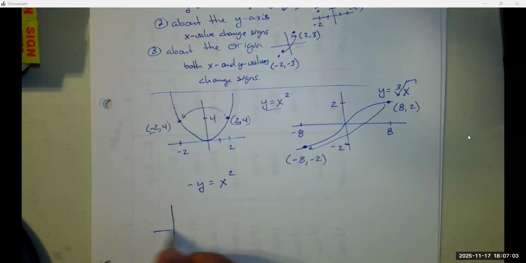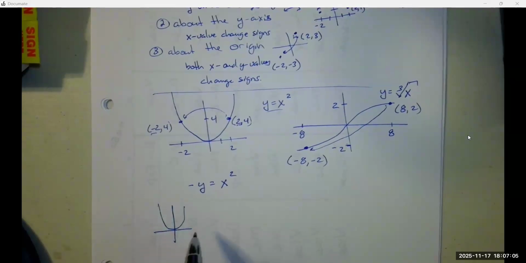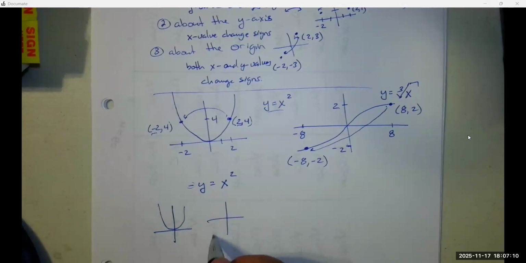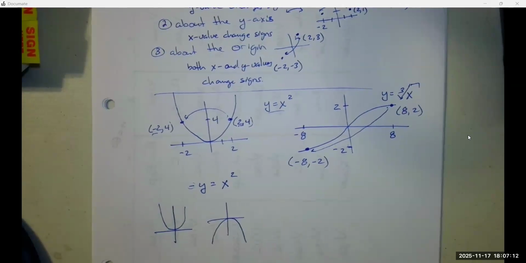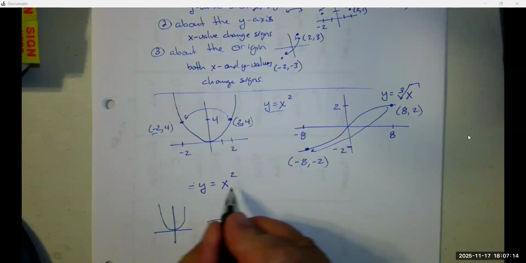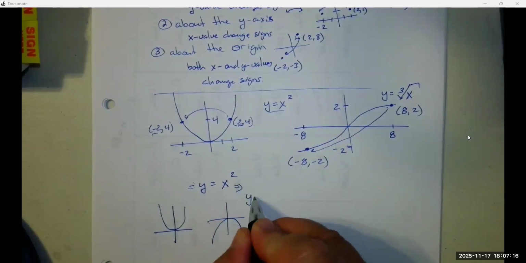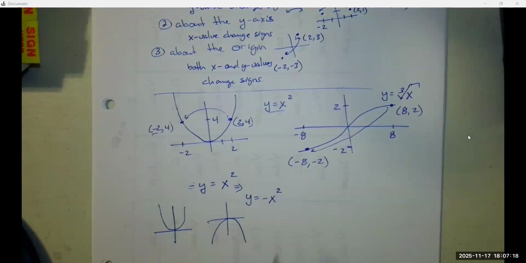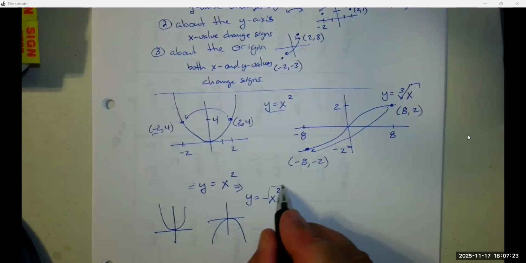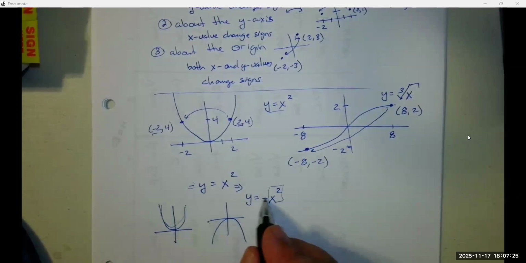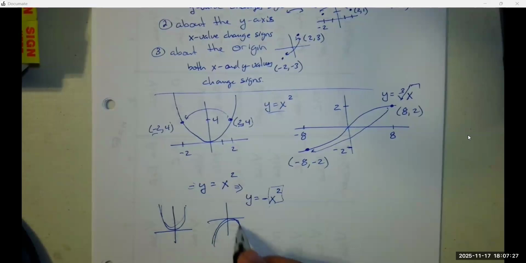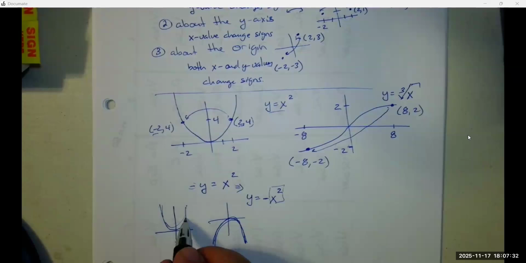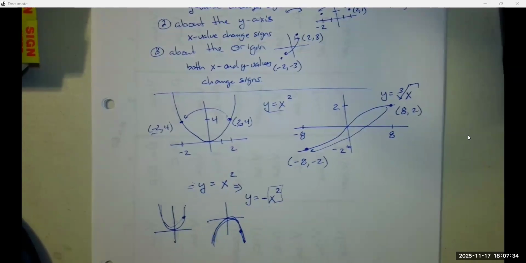If we drew this one, x squared is like this, but now with this negative in front of it, that means it's now all my y values are negative. So that would mean something like this. Because the x squared is up here, but when the negative's out in front, it shifts. So now it's symmetric. It's flipped. This point here matches this point down there.